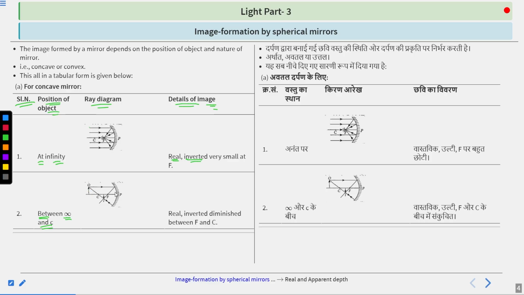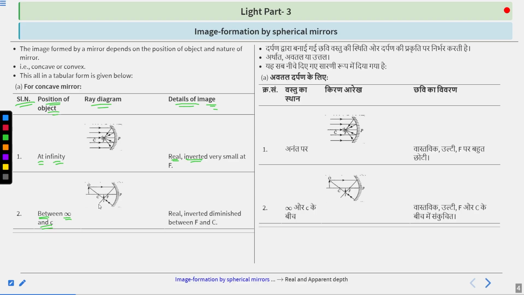So in such a case, the first ray goes like this, and the second ray goes like this. And we know from the previous lecture that when the rays are going parallel to each other, no image will be formed. But if they intersect each other, the image will be formed at the place where they intersect.